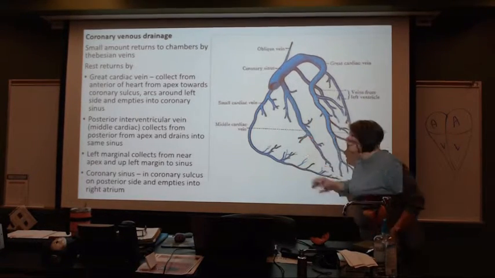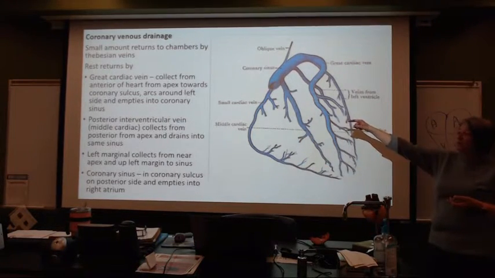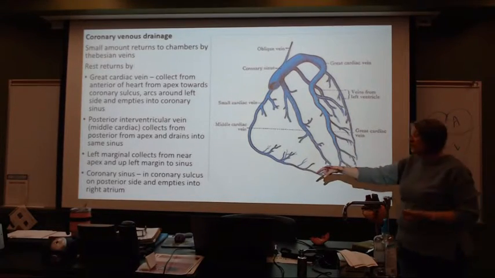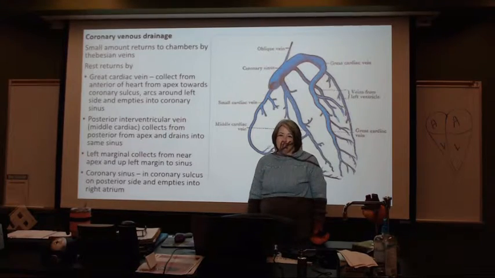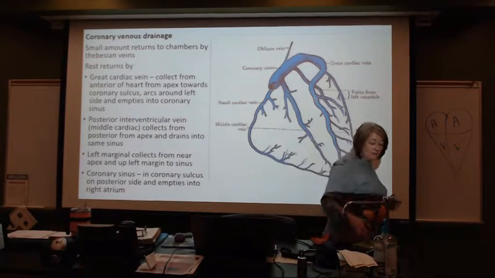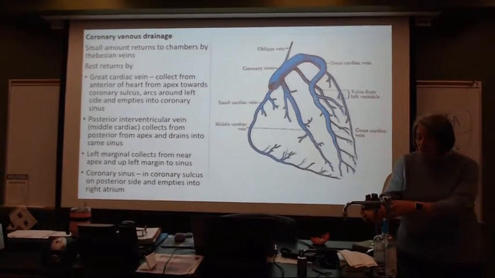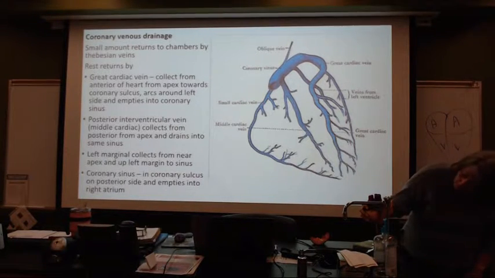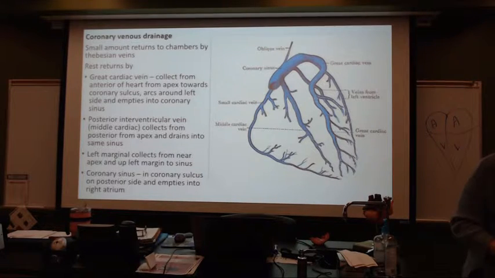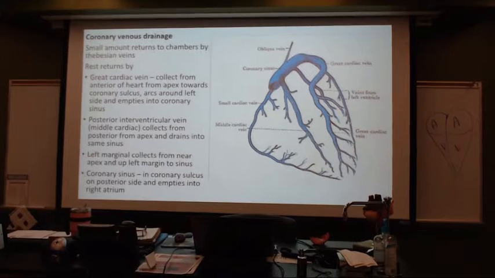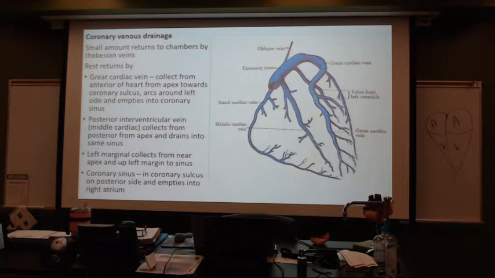And once we get into the coronary sinus, it empties into the right atrium. In some pictures and in some models, they'll actually show an opening for the coronary sinus, but the blood returns from that coronary circulation to the right atrium with the rest of the blood from the other parts of the body.